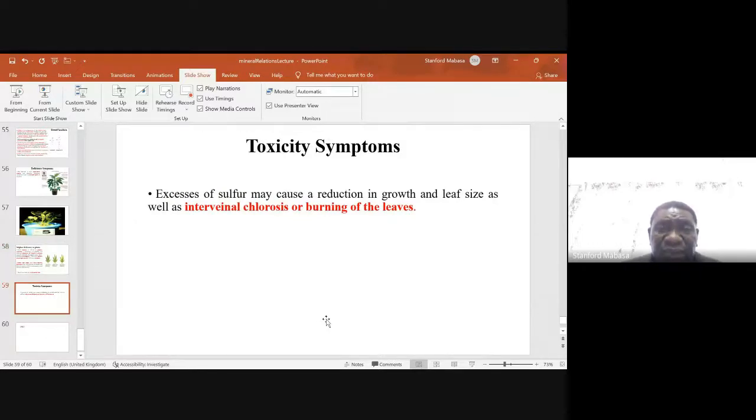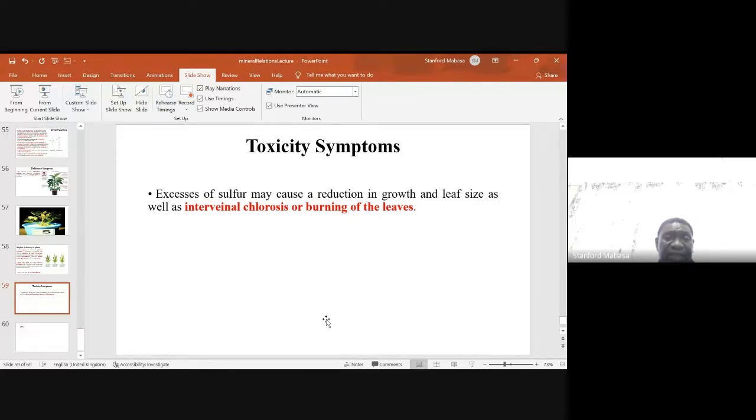So here are the toxicity symptoms. If you have intervenular chlorosis or a burning of the leaves, it could be toxicity symptoms or excessive sulfur effects.